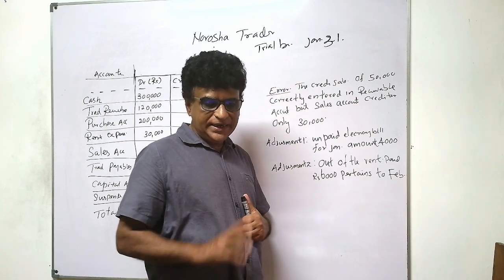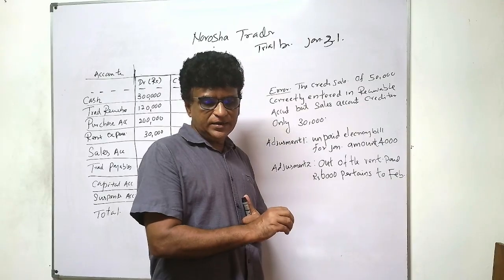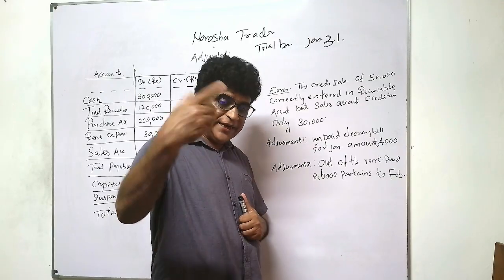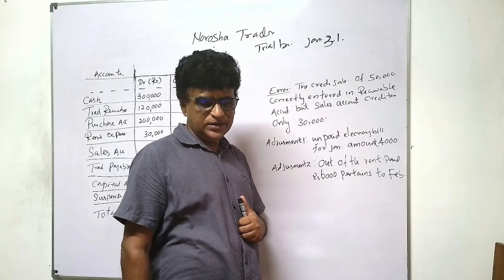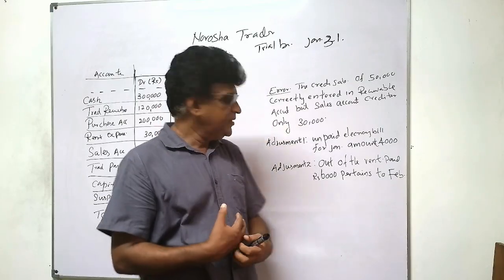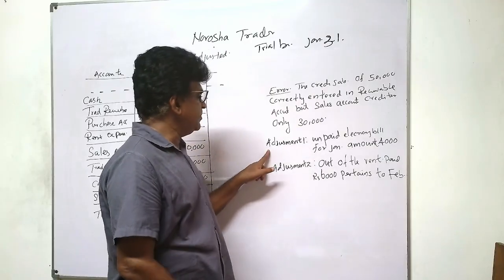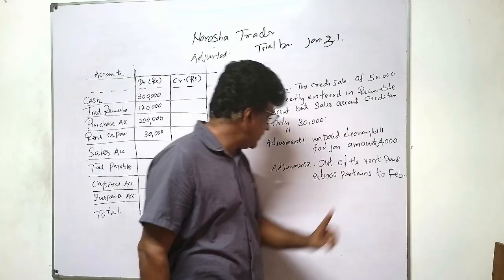Even though we pay it in February, that expense is supposed to go to the January account, because we utilized it in January. Then this is that adjustment: adjustment on unpaid electricity bill for January, amount 4,000.